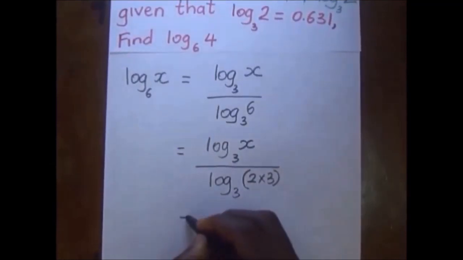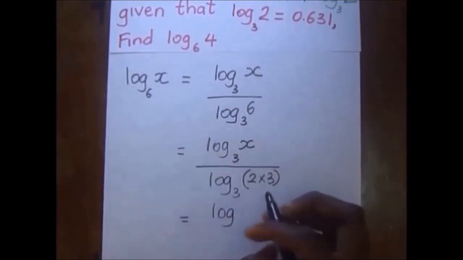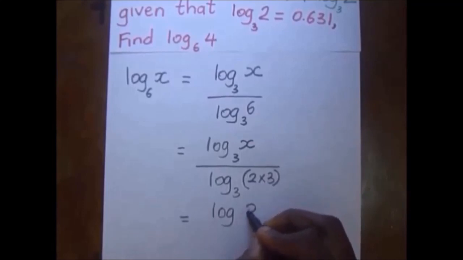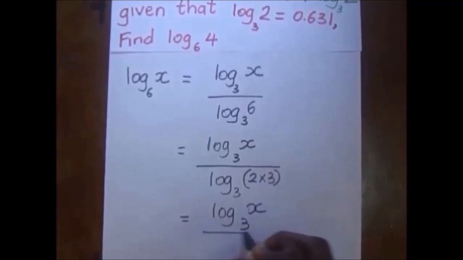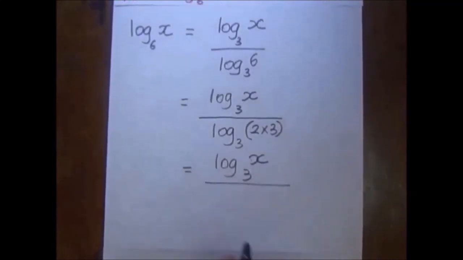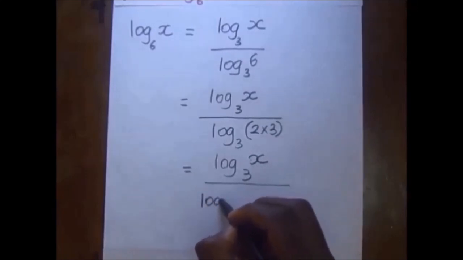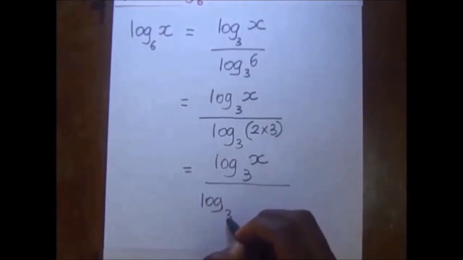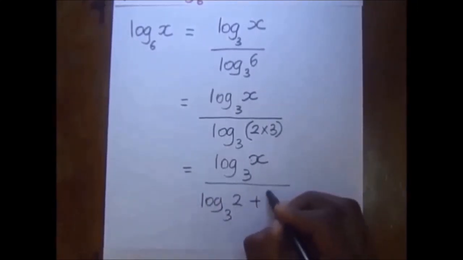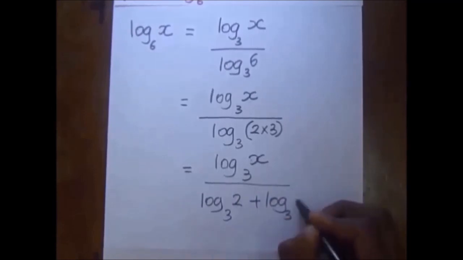So this is going to become logarithm of x base 3, divided by log of 2 base 3 plus log of 3 base 3.